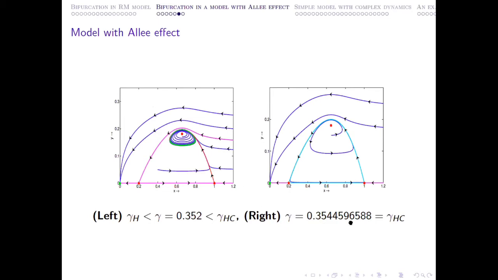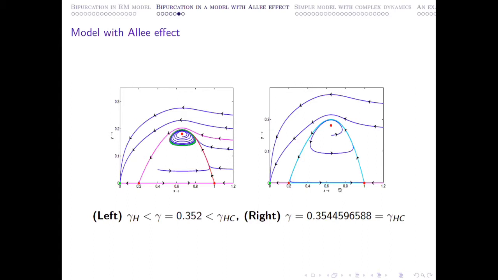And after that, this is the homoclinic bifurcation threshold. You need quite some patience in order to determine the appropriate value correct up to this many decimal places. I'm showing you only to give you some sort of confidence that these are doable. These are not something where you say, okay, it has been done by this person, it is too difficult. The answer is no, this is just a question of patience.